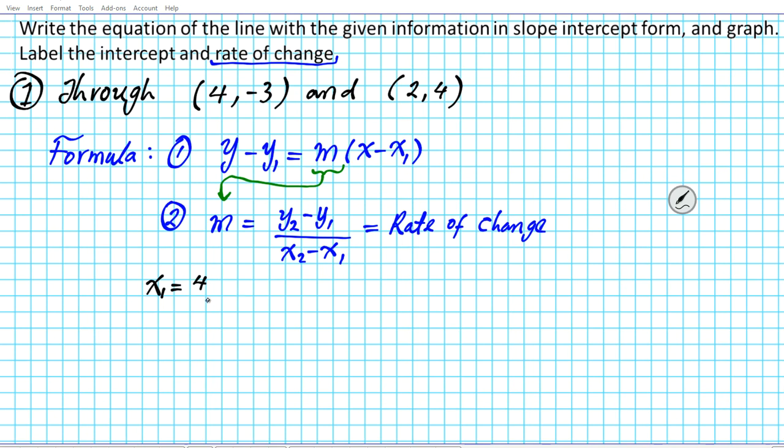We have y1, the y-coordinate of the first point, is -3. x2, the x-coordinate of the second point, is 2, and y2, the y-coordinate of the second point, is 4.